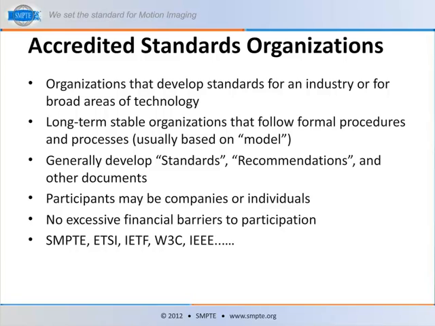Then there are accredited standards organizations. These are things like technical societies, such as SMPTE, that are accredited by some organization, in our case ANSI, that says we've got to run by a set of formal procedures and rules that are usually based on some model such as the ANSI rules, such that we're due process organizations so that the process is determined and minority opinions have to be considered and addressed before standards can be created.